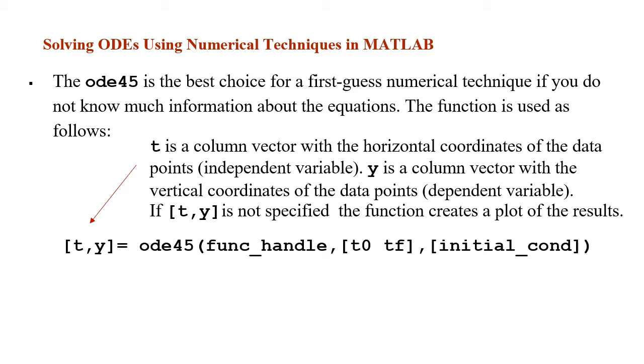If you do not specify the output of ODE45, and instead just use it as it is without creating a variable for storing the output, then the function will plot the results. It will plot the solution for you, but without any labels, so you'll have to add a title, labels, and all of that.